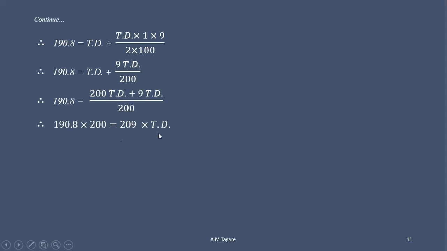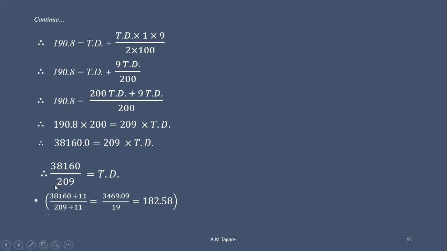It is 209 times TD. Now we transfer this 209 to LHS. Now 190.8 into 200, this product gives 38,160 is equal to 209 into TD. Transferring this 209 to this side, we get 38,160 upon 209.